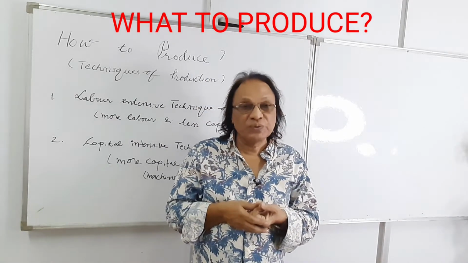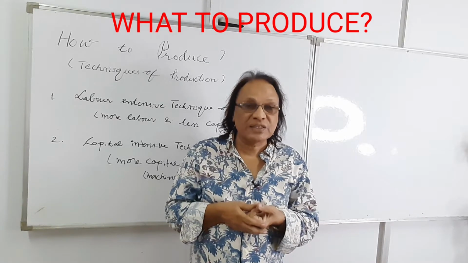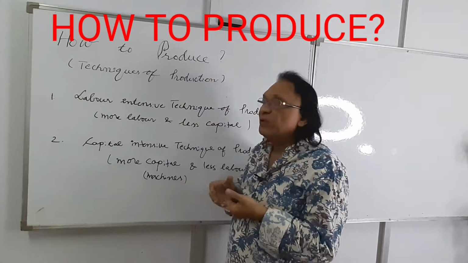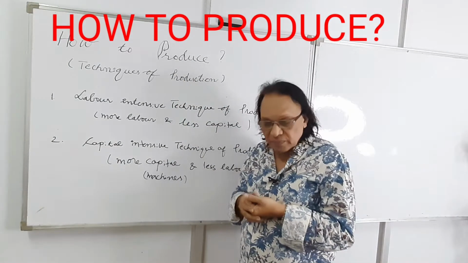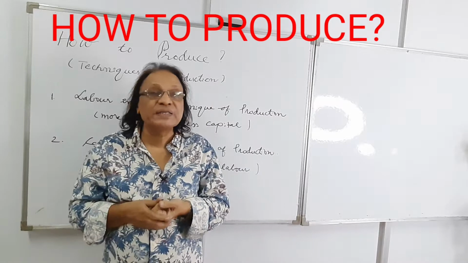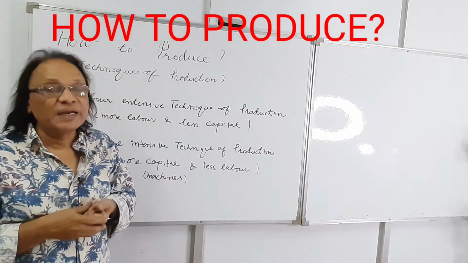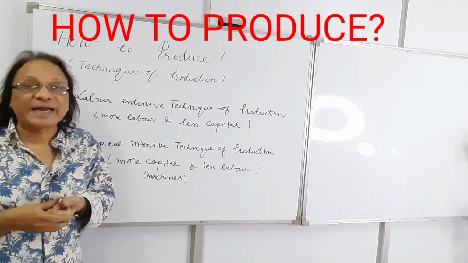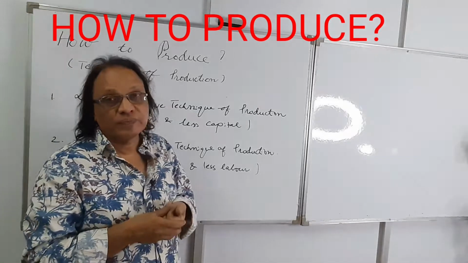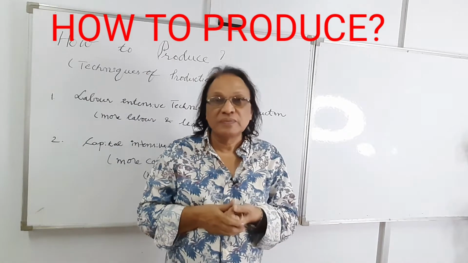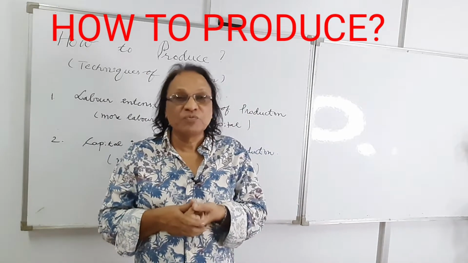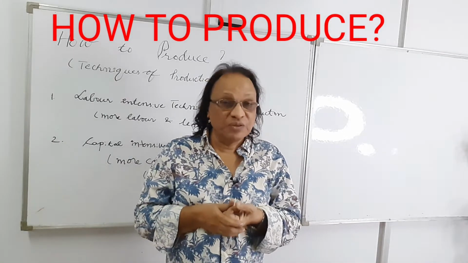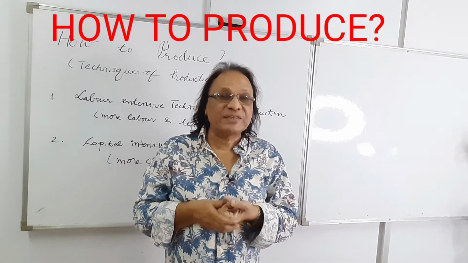Now let's discuss the second central problem of the economy, which we call how to produce. How to produce basically deals with the techniques of production. What exactly do you mean by techniques of production? Since we've been talking about limited resources, we have to economize these resources.